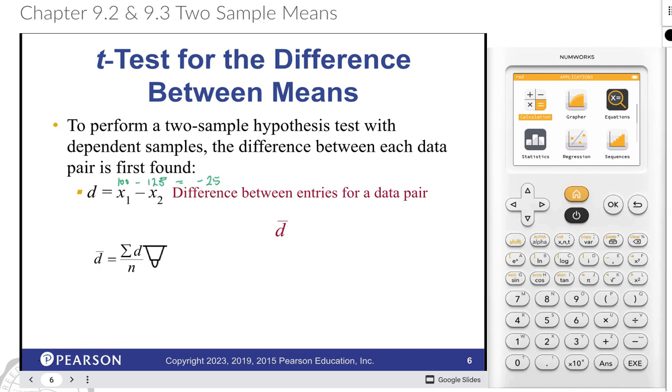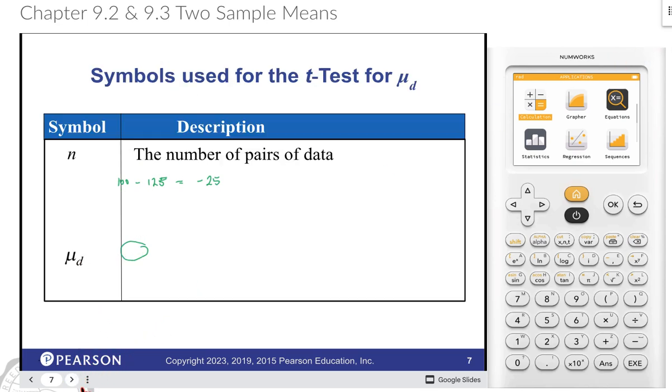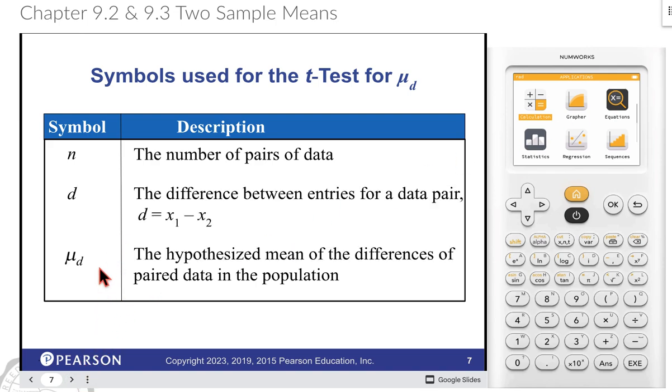And then what we do is we add all the differences together, and we divide by the sample size, and that will give us an average of the differences, the mean of the differences between the paired data entries. A lot of verbiage there, but that's what's going to happen. So we get the difference.